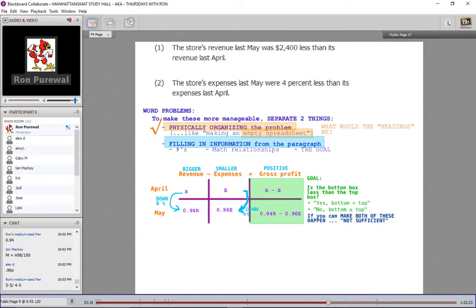You could try plugging in numbers. Let's say everybody's got an intuition about it. Like, let's say that last year you made a certain amount of money and you paid a certain amount of taxes.